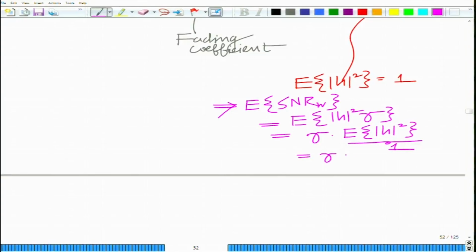So, this is gamma, which is nothing but the SNR of your AWGN channel, or let us call it the SNR of your conventional, or wireline communication system. So, this is a fair comparison. We are using the same average SNR for both. It is not the case that a wireless system has a much higher SNR than the conventional communication system.